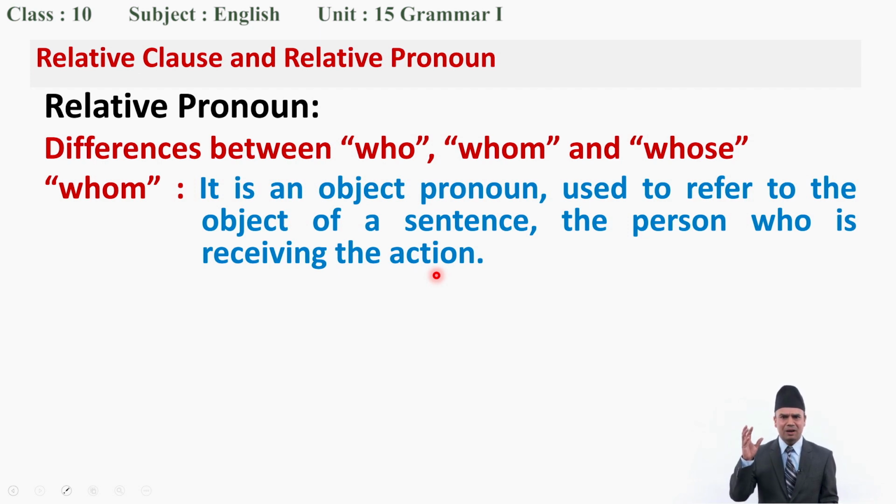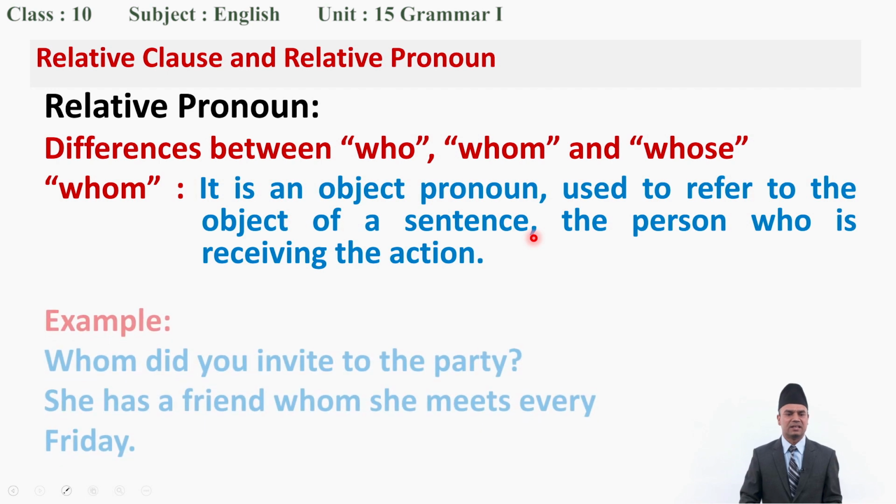Can you recall what I told you? Whom? Jaslai, kaslai in Nepali, whom. So it means the person who is receiving the action. In most cases it is used to refer to the object of a sentence.